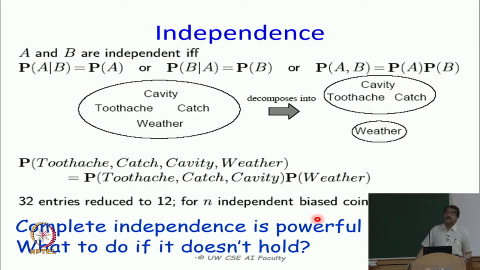And let us say I have assumed that weather does not add evidence to any of these three, whether you have cavity, whether you have toothache, whether you have caught the probe or not. So, now let us think about the joint probability distribution. In the joint probability distribution of toothache, catch, cavity and weather, how many original values will I have to maintain?